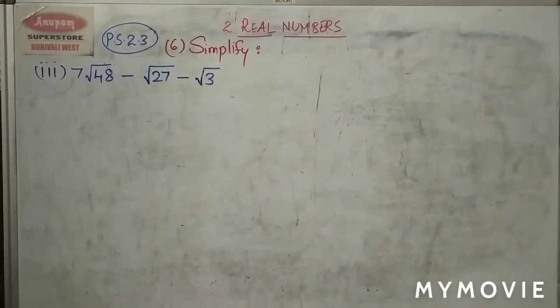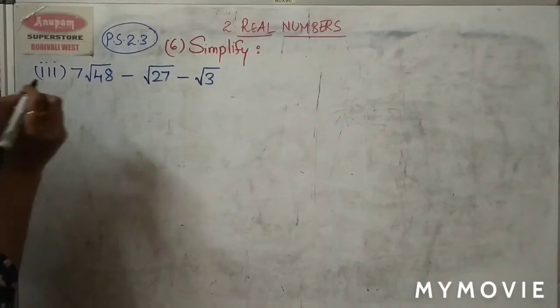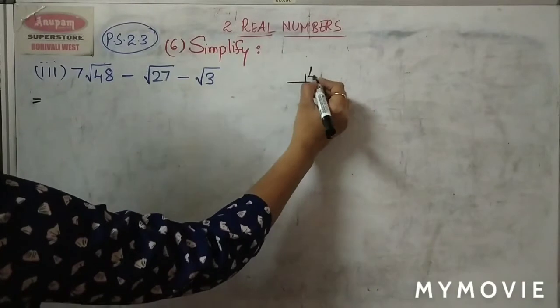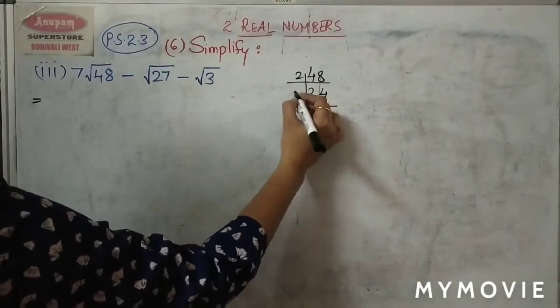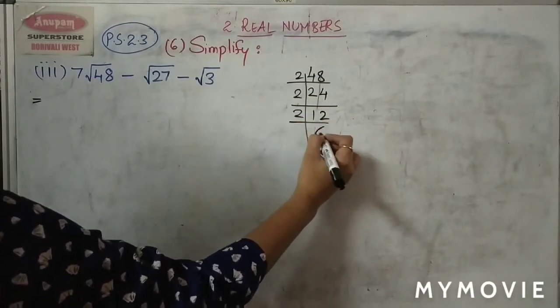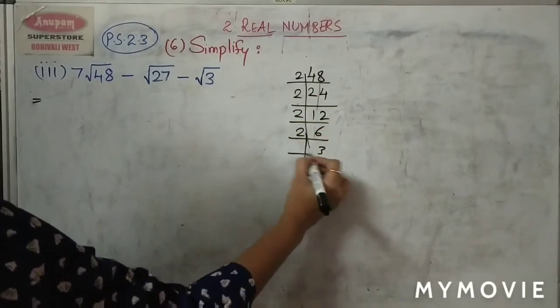In the third question, if you look, 48, 27, 3, all are three different numbers. So first we are going to solve each one of them. So the square root of 48, I am going to factorize with the first prime number 2. 2 twos are 4, 2 fours are 8, 2 sixes are 12, and 2 threes are 6, 3 ones are 3.